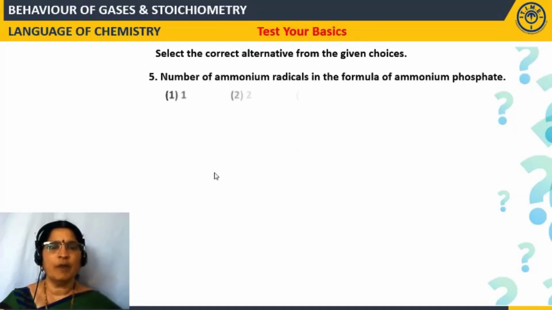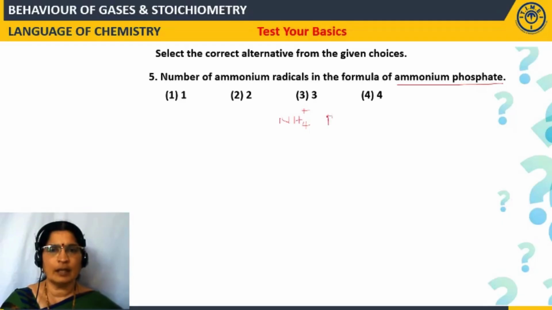Right? Number of ammonium radicals in the formula of ammonium phosphate. If we have to know the number of radicals, we need to write the formula of the compound. How do we derive the formula of ammonium phosphate? The formula of the ammonium radical is NH4 plus. The phosphate radical is PO4 minus 3. This is 1, this is 3. Fine. If we crisscross it, 3 and 1.